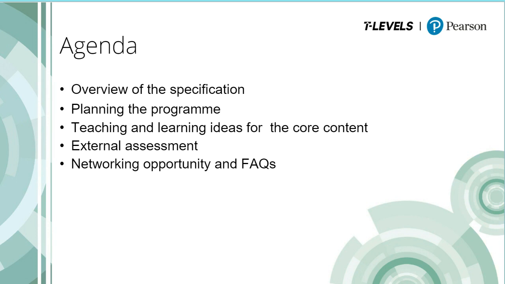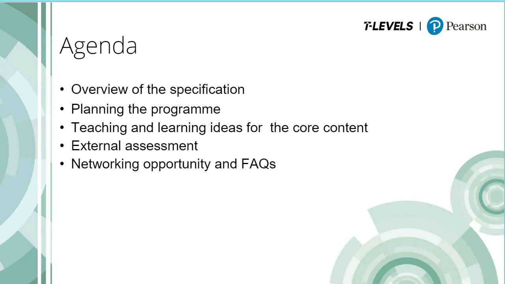Once we've looked at the overall specification, we'll also plan the program itself and start talking about, rather than planning it together, the things that you've got in mind in terms of planning your program, because I'm sure if you're beginning to think of starting this in the autumn, you've started to think about the different aspects of this qualification that you need to deliver, and also how you're going to deliver them and what order you're going to do them.